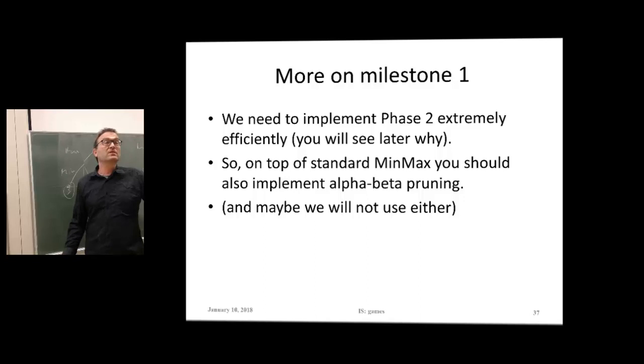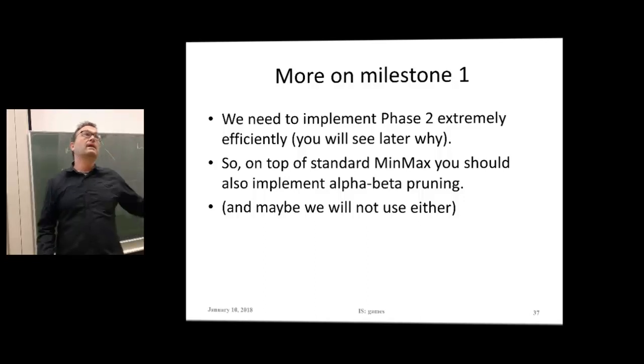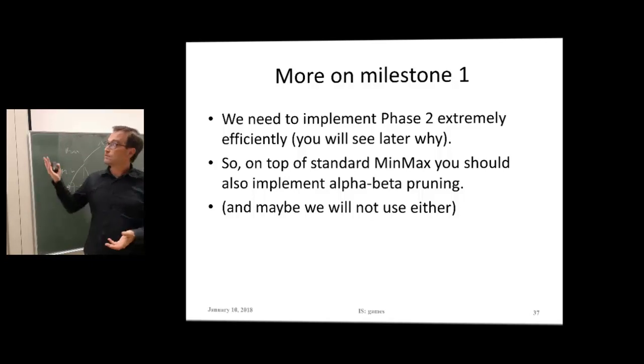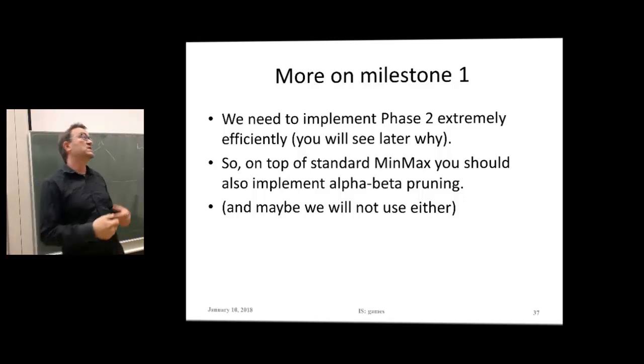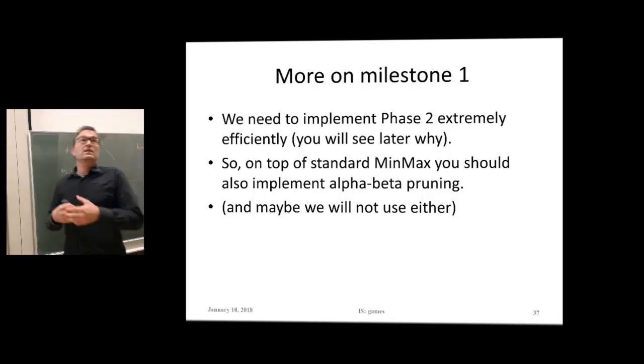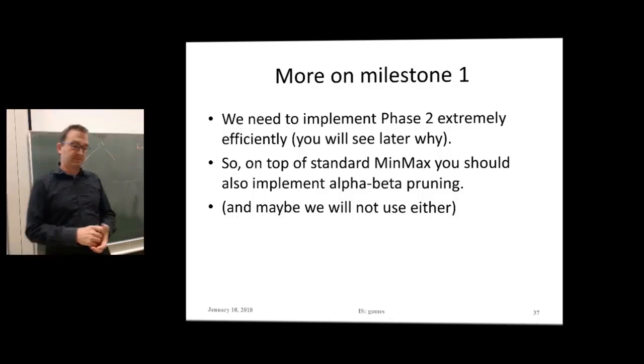For the milestone in week 1, and also for the project that you have to hand in, you should implement phase 2 of the game, which is the complete information game. We have the perfect information. It's not too big. Min-max should be very fast.